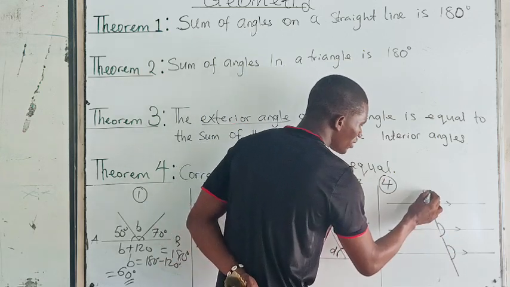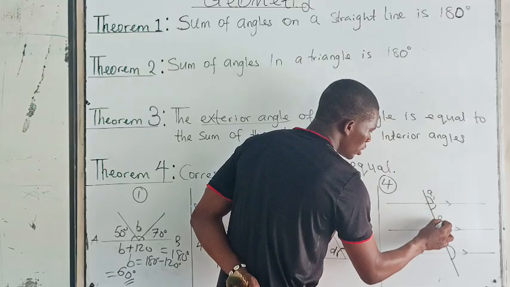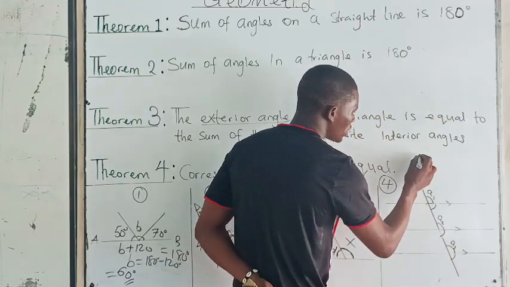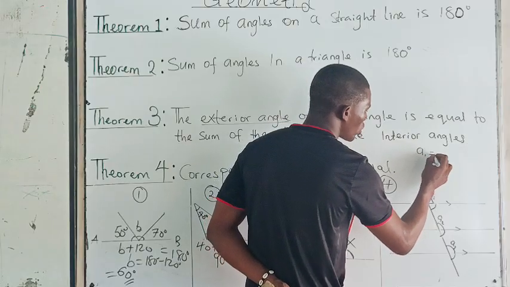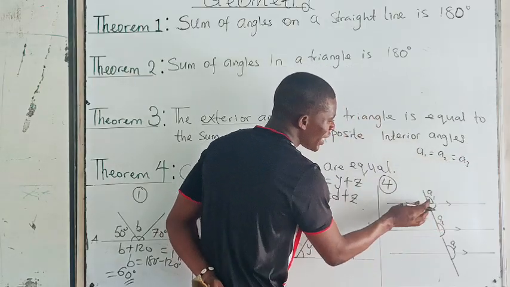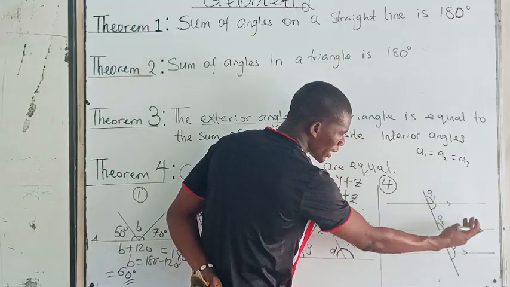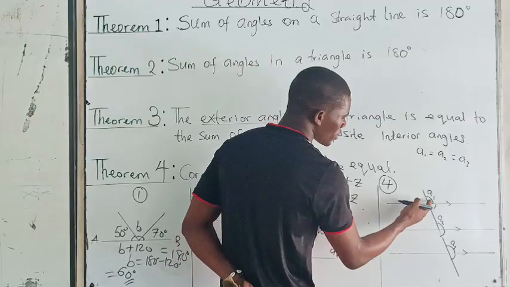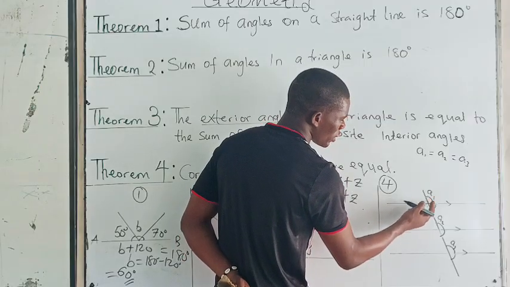That means if I have this as A1, A2, A3, then A1 is equal to A2 equals A3 because they are corresponding. That means they are on the same side, number one, and they are in the same position. Can you see that? They are on the same side.